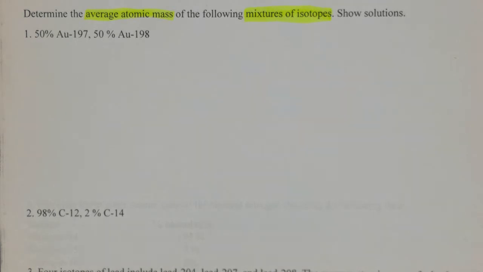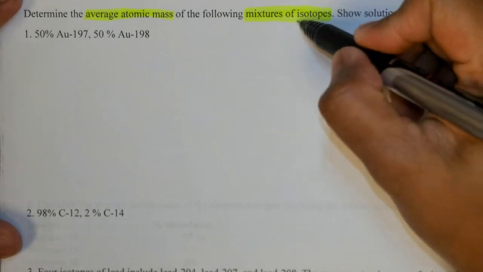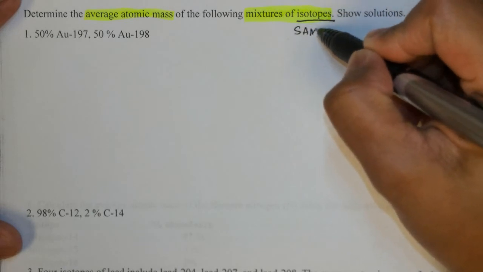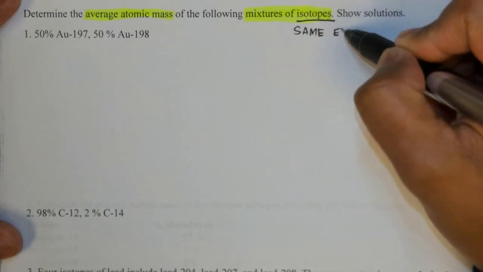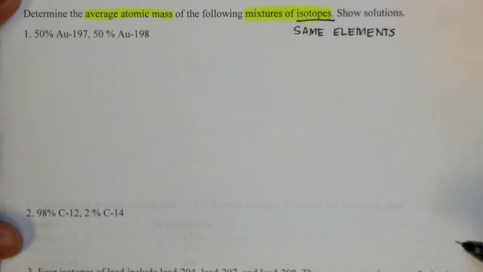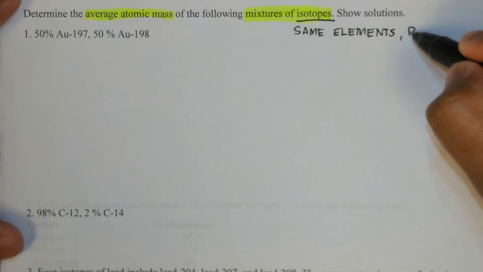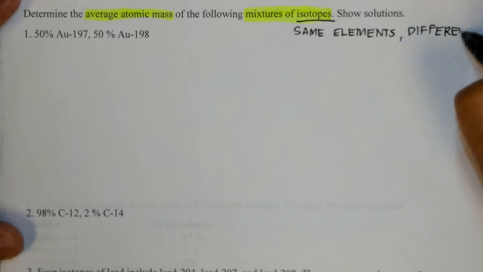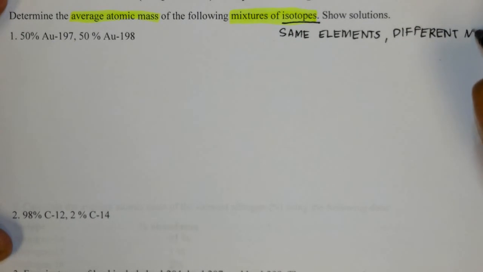So let's go over first what are isotopes the way we learned it in the previous days. The concept of the isotopes is, they are the same elements, but the elements have different mass. Same element, but different mass.